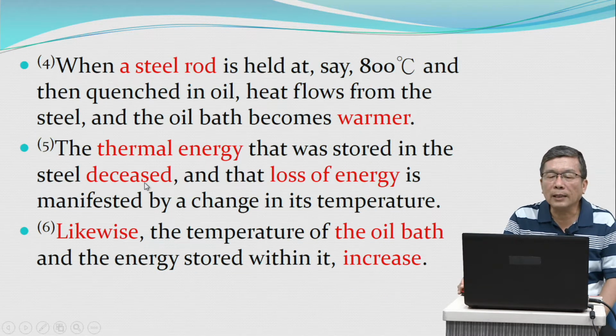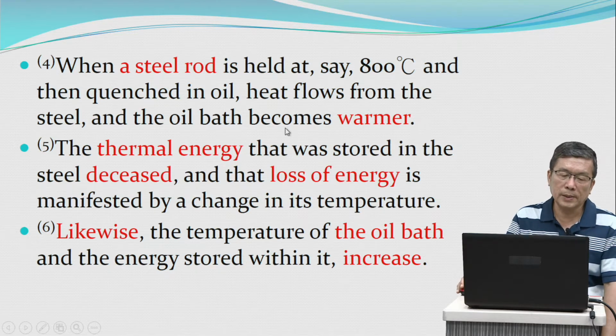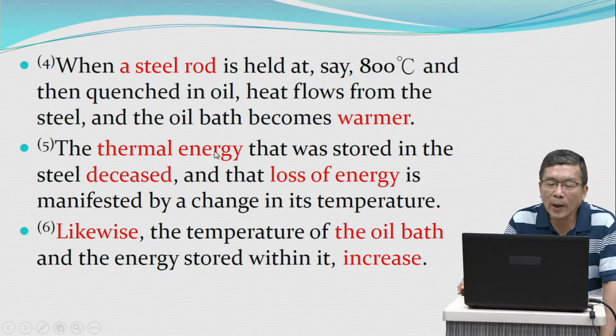When a steel rod is held at, say, 800 degrees Celsius and then quenched in oil, heat flows from the steel and the oil bath becomes warmer. The thermal energy that was stored in the steel decreased, and that loss of energy is manifested by a change in its temperature.